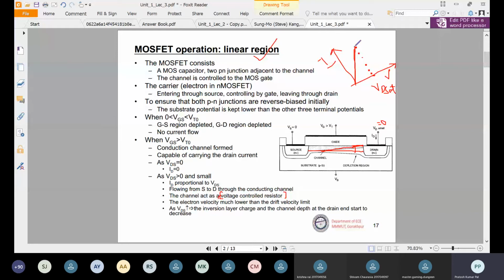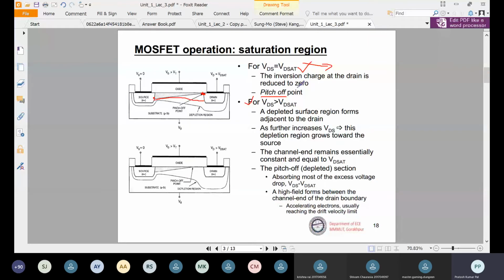Okay, so after VD set point, the current will be constant. So before VD set, it will be working in the linear mode. This is your linear region operation of MOSFET, and beyond the VD set, it will be called saturation region operation. So this is your saturation region operation, where VDS should be greater than VD set. This VD set stands for voltage at saturation.